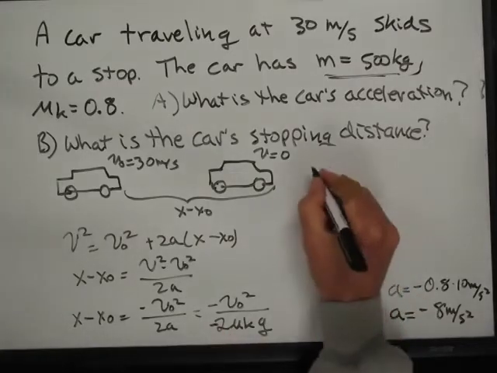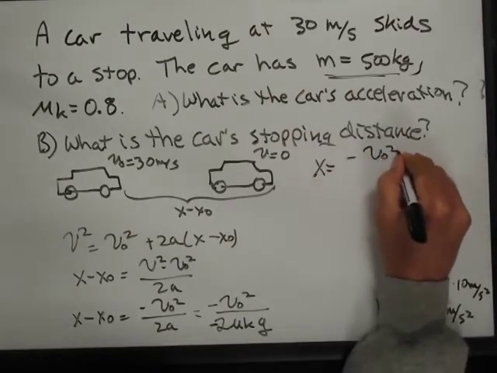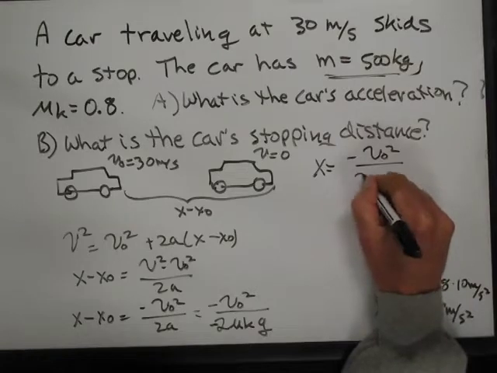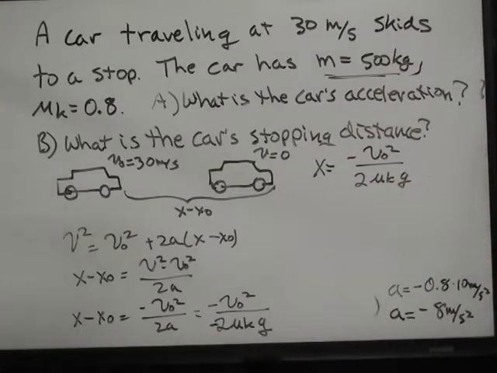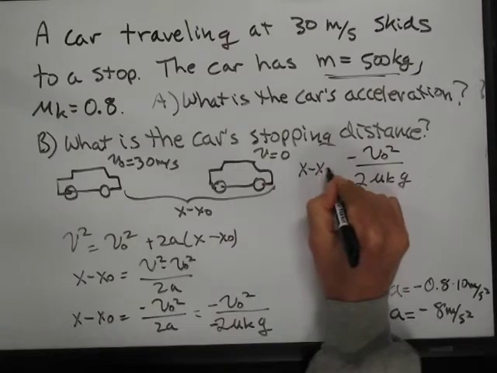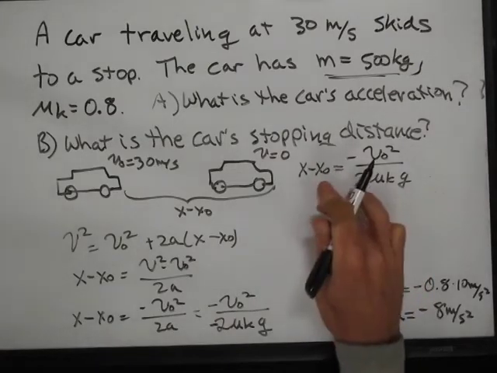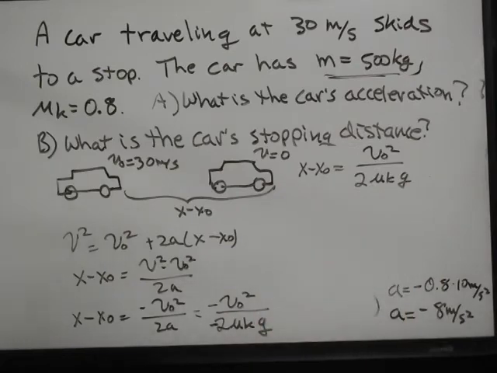The minus signs cancel, and we get x minus x naught equals V naught squared over 2 mu sub k times g. That's how far it travels. If x naught is 0, you can just call this x, and it's not minus. The minus signs cancel. There we go.